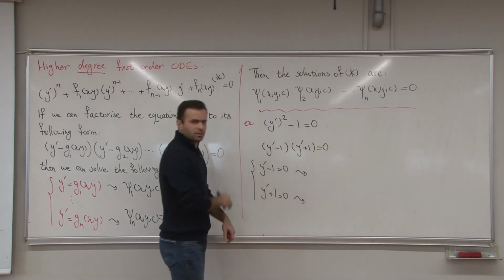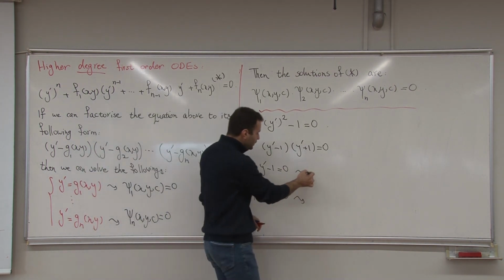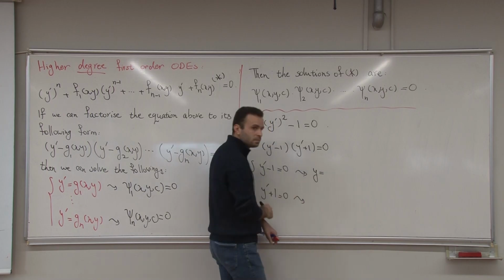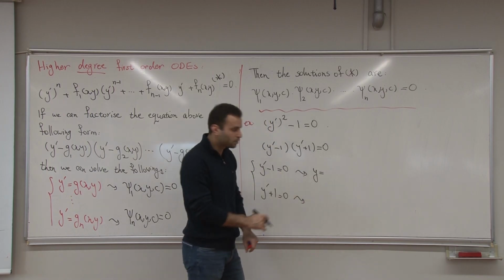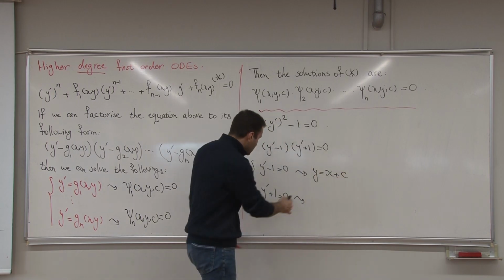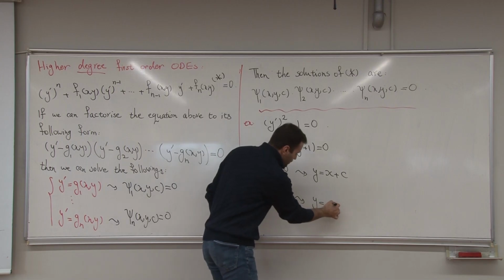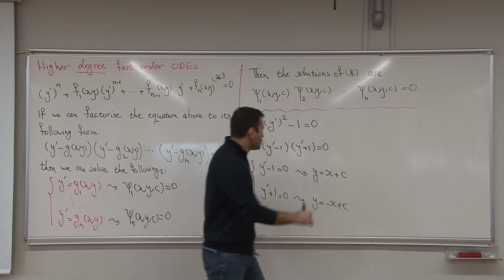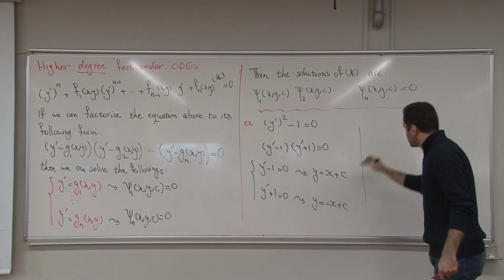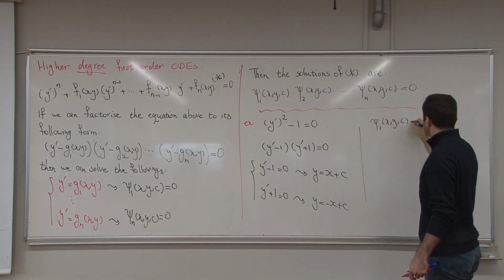What are the solutions of these equations? If y prime is equal to 1, what is y equal to? x, but we have a c as well, right? What about here? Minus x plus c. Okay. So in this case, what is our psi1 of x, y, c equal to?